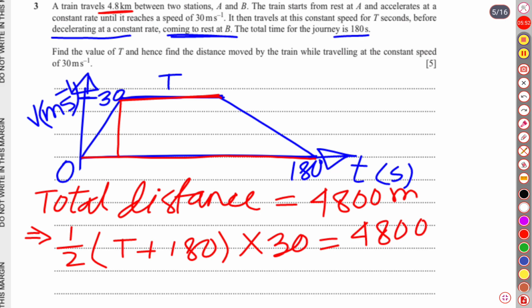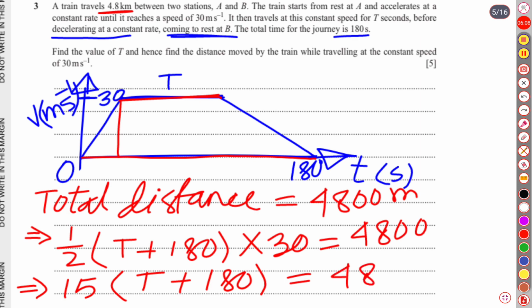So half times 30 times (t plus 180) is equal to 4800. Half of 30 is 15, so 15 into (t plus 180) equals 4800.